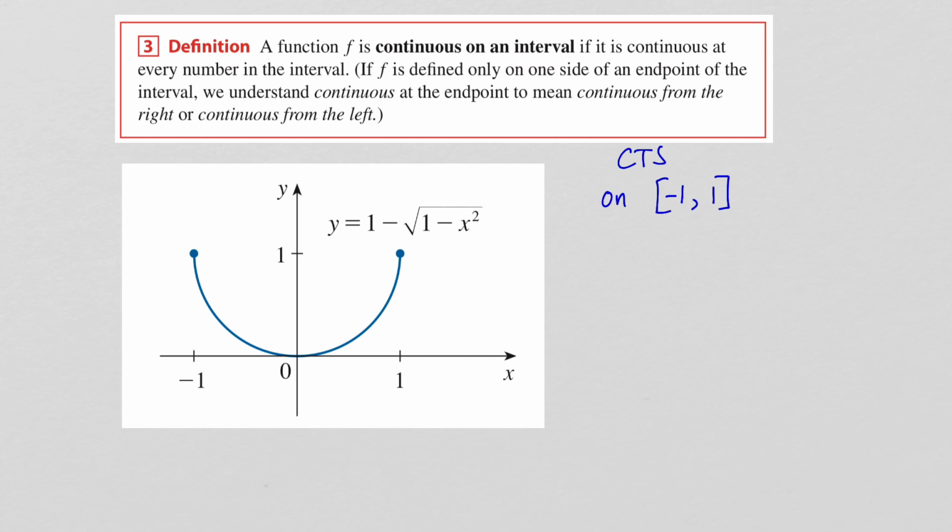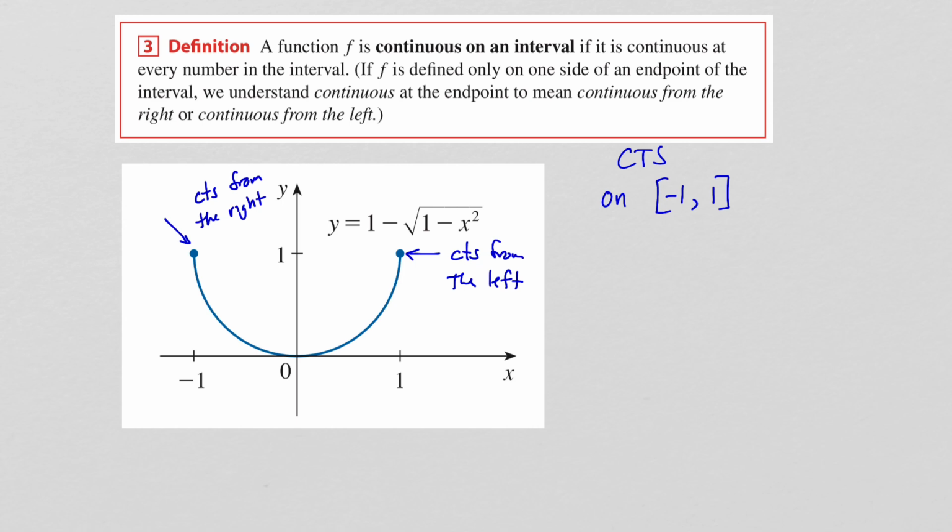Now, at the endpoints, so at this endpoint right here, we would say it is only continuous from the right, because as you move to that point on the function, you can only move toward this point from the right-hand side of -1. And at the other endpoint, we would say it's continuous here, but only from the left.